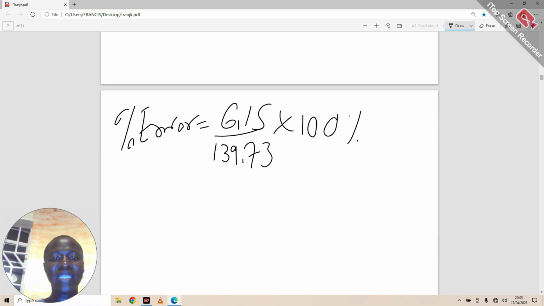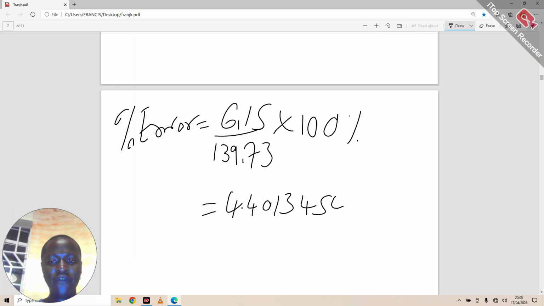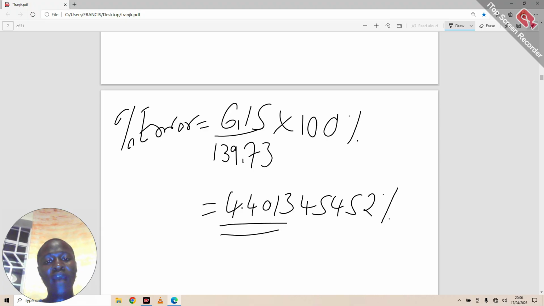Now, to get the percentage error that the question requires, we shall have our answer as 4.401345452%. Remember, the question doesn't specify to what significant figure or how many decimal places, so it is better to have our answer long in this format, the way it is.